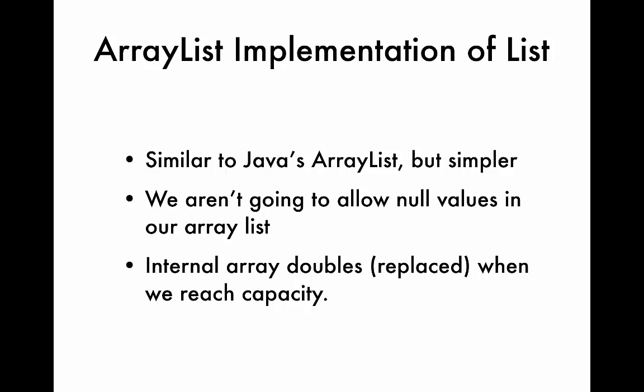Then we're going to move everything from the old array into the new array, and we'll start using the new array to represent our lists. We'll throw the old array out. All of this happens behind the scenes, and the user does not see any of it. But I want you to know how it occurs. So let's look at some code.